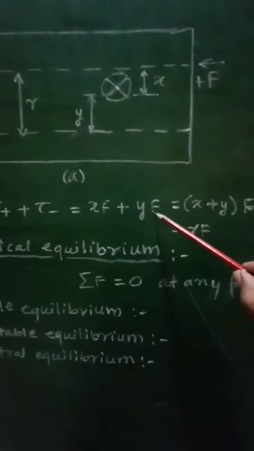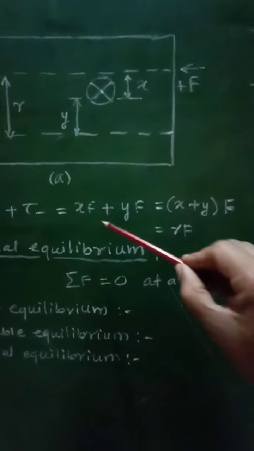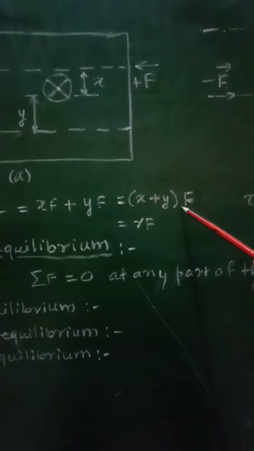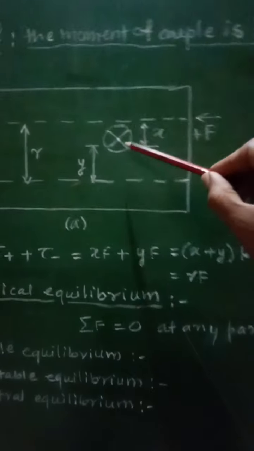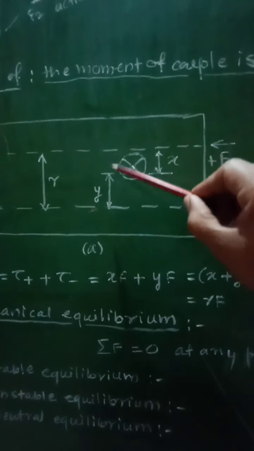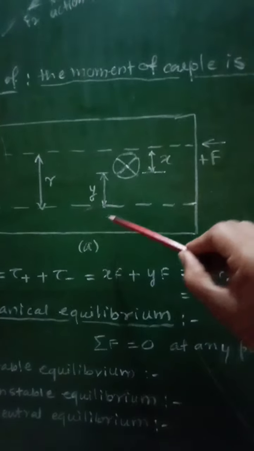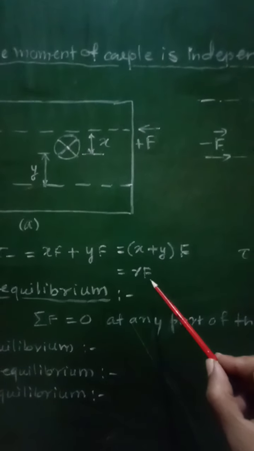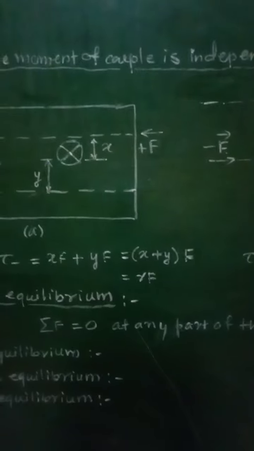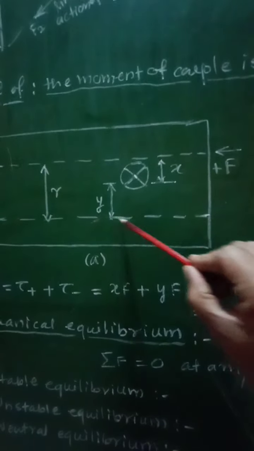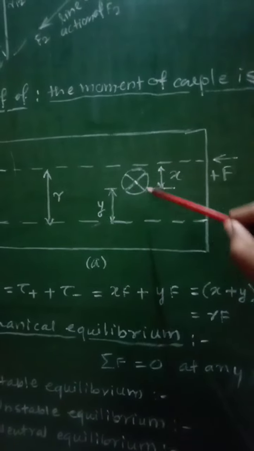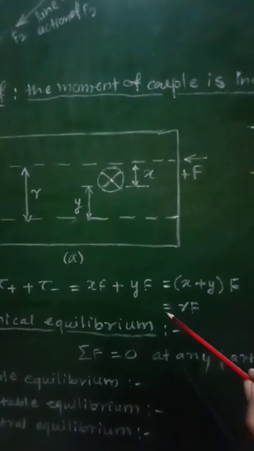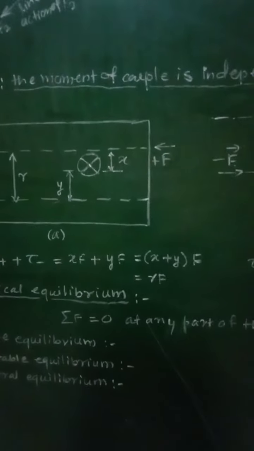Taking F common, we get (x + y) F, but x plus y equals r, and therefore it is rF. So about this axis of rotation, we get rF as the total torque.